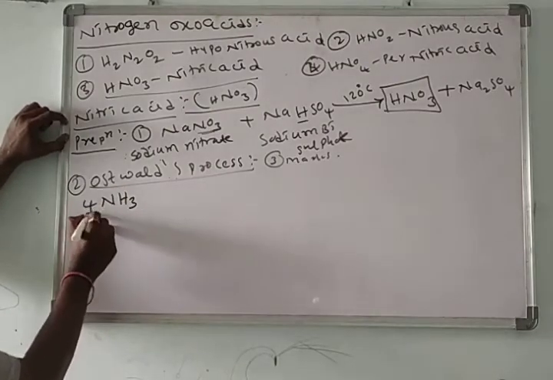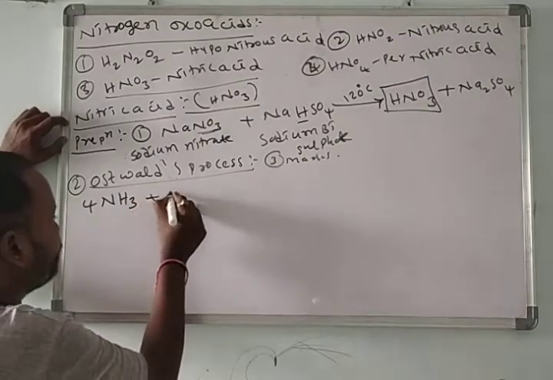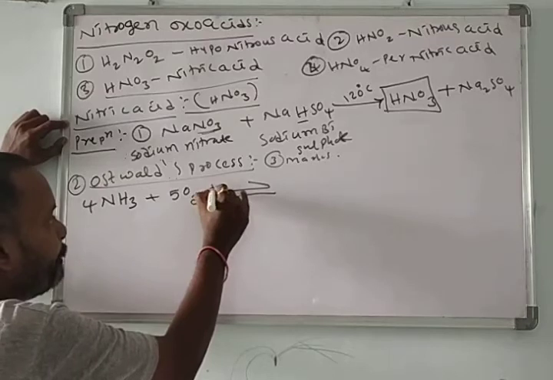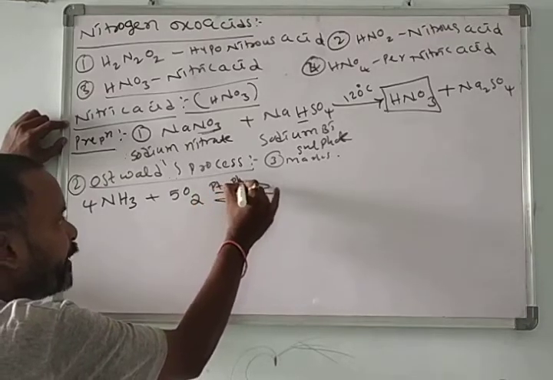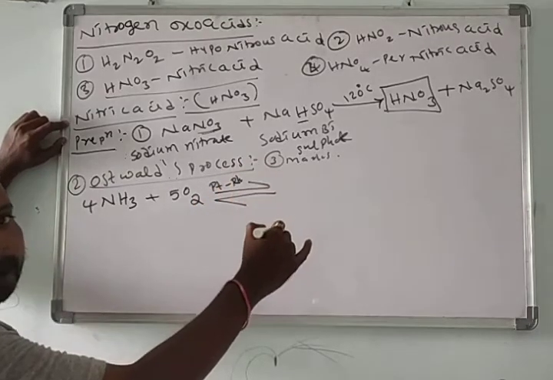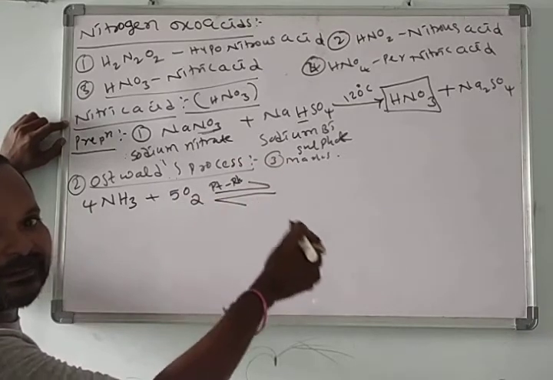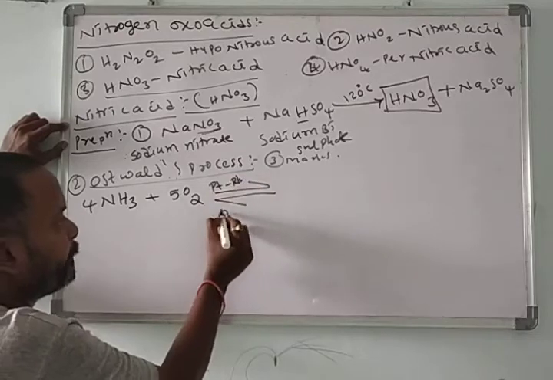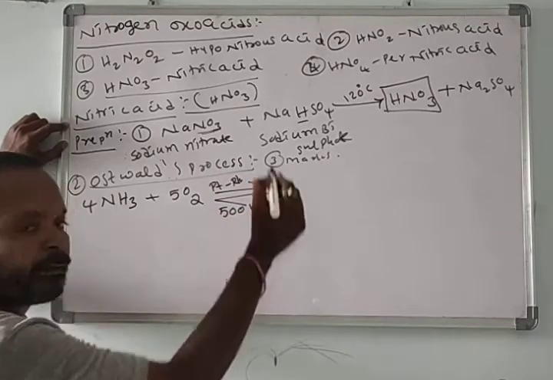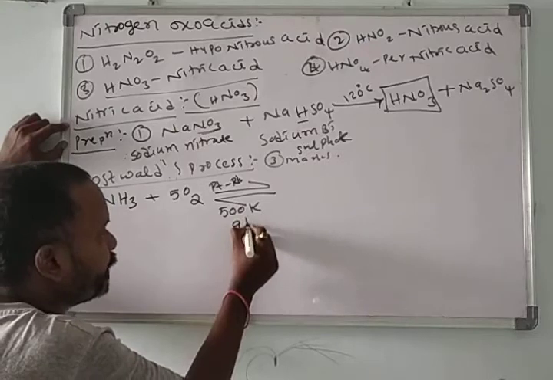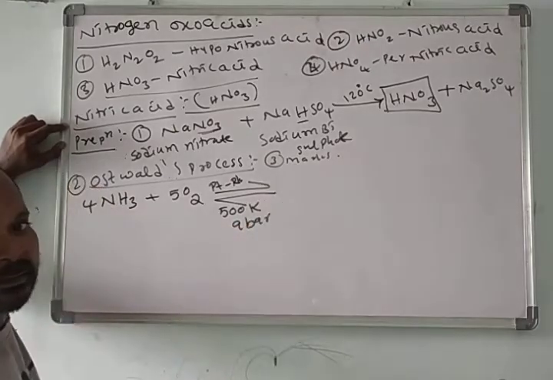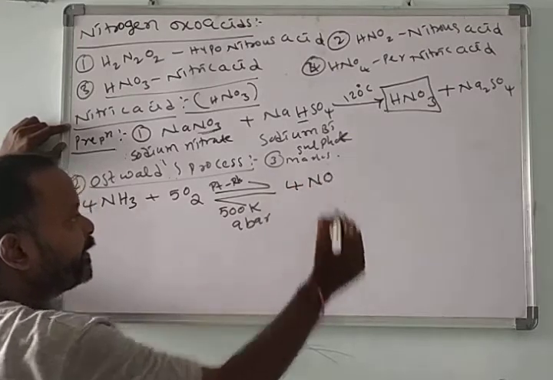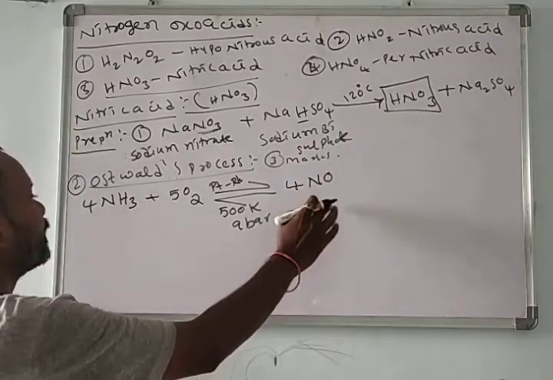Take 4 moles of ammonia, reacted with 5 moles of oxygen, platinum-rhodium gauge catalyst, 500 Kelvin temperature, 9 bar pressure. Here we get 4 moles of nitric oxide.